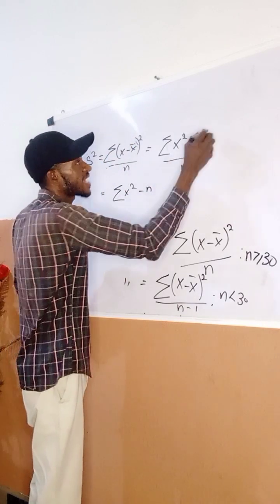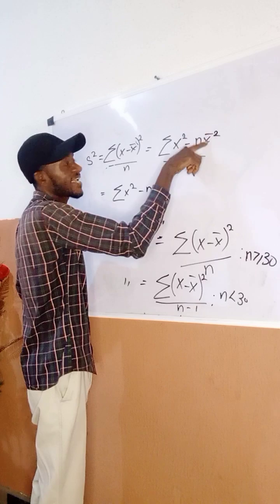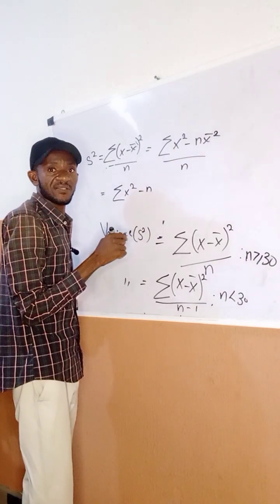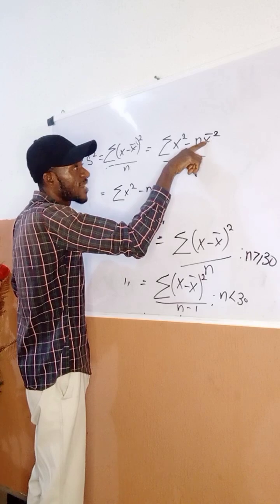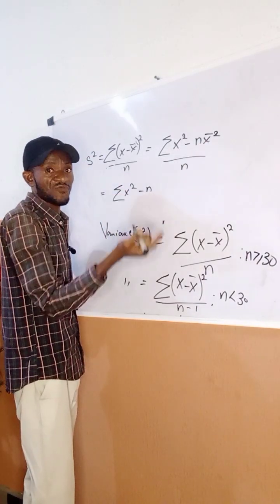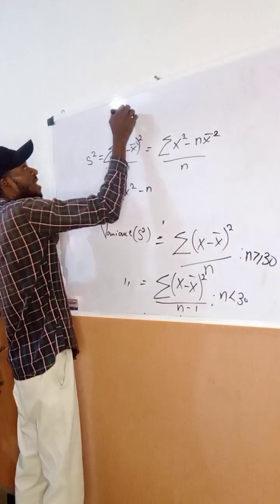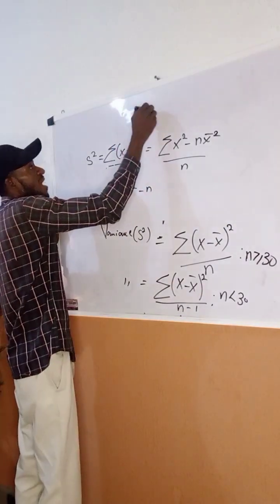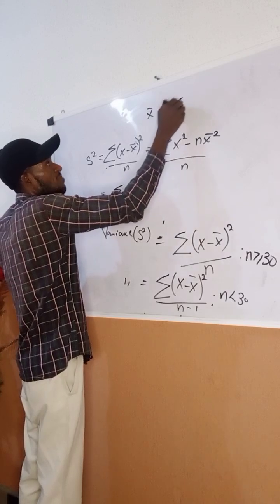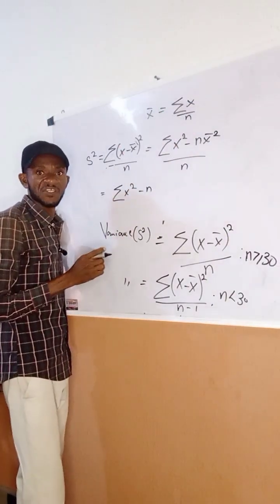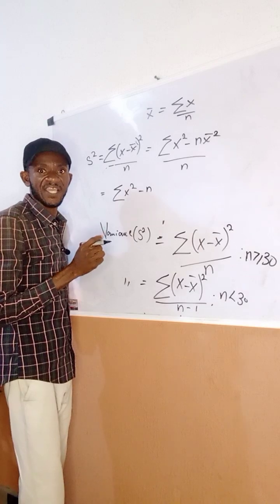The formula for the mean x bar is given as summation of x all over n. This is the formula for the mean of an array of data.